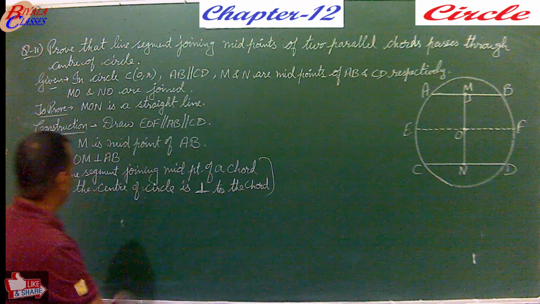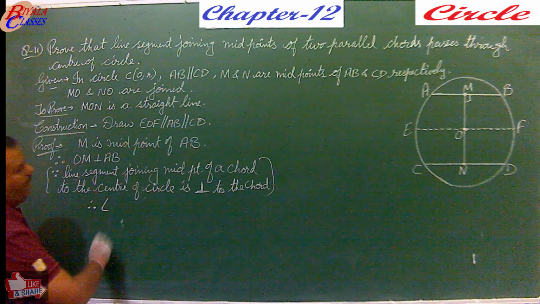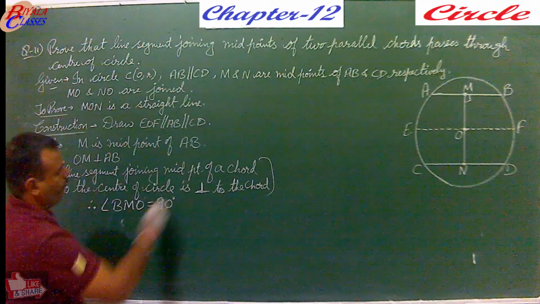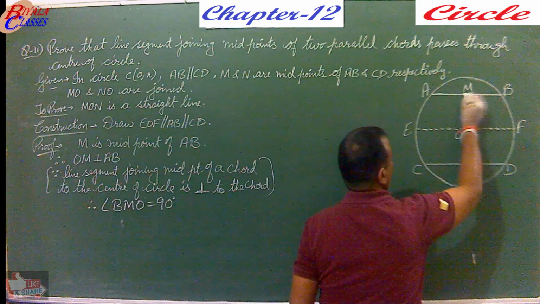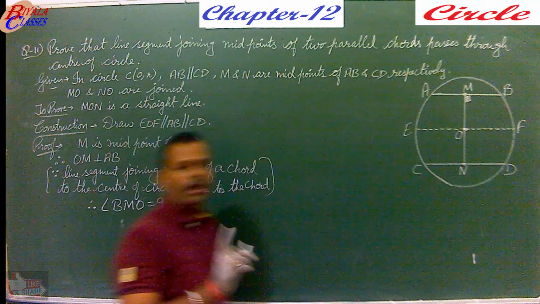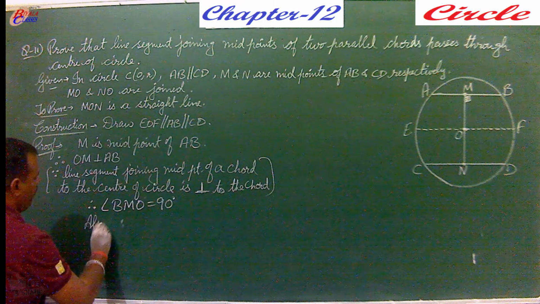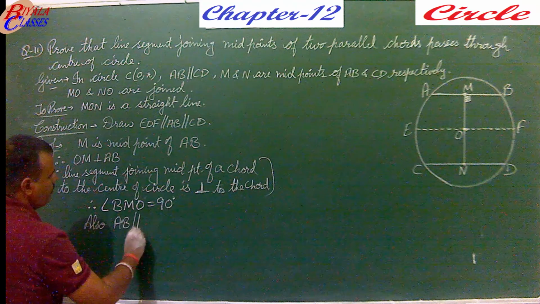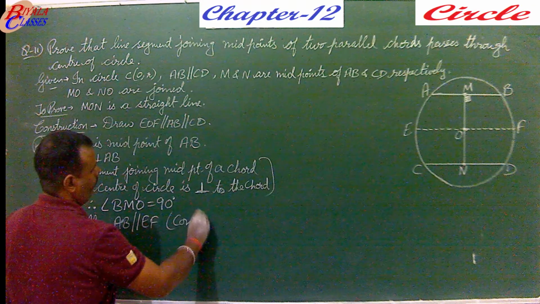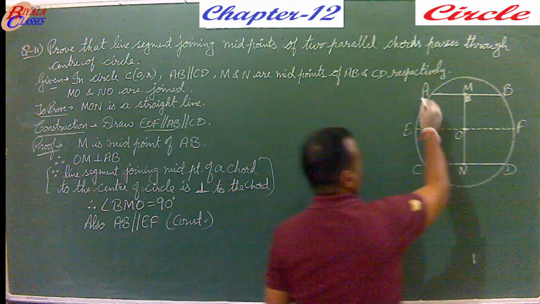Now if it is perpendicular, then angle BMO will be 90 degrees. This angle BMO is 90. Now what else do we have? We have that AB is parallel to EF. This is by construction.